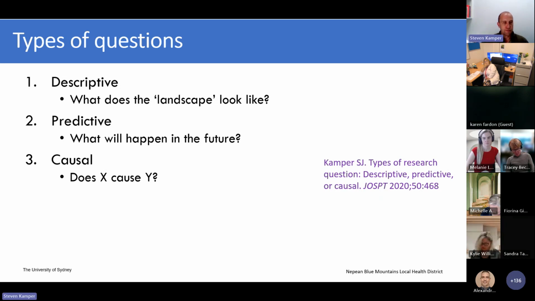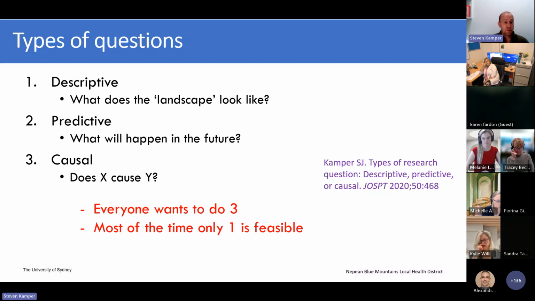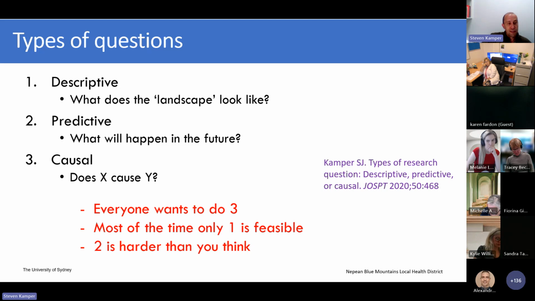Now, just a little tip. Everyone wants to do causal questions, but they're actually really hard. Most of the time, only question type 1 is feasible. Question type 2 is harder than you think to do well. So in general terms, as we go through the numbers, the higher the number, the harder that study is to do.